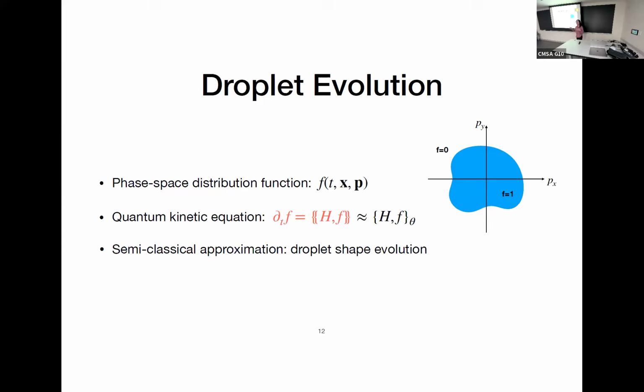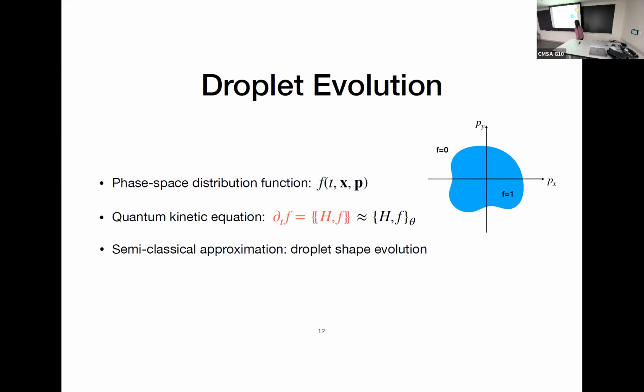And we had been emphasizing one important property: the Moyal bracket reduces to the Poisson bracket at the leading order in the deformation parameter. So naturally, in the semi-classical limit, it becomes the normal kinetic equation that we are familiar with.